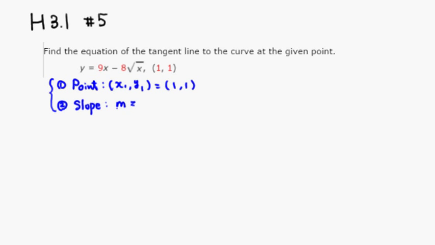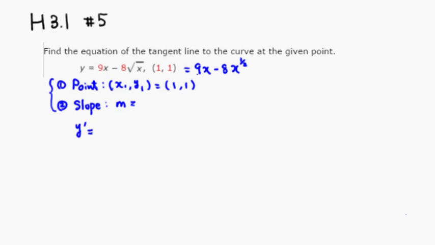So we need to find the derivative of this function. So y prime is equal to, before we take the derivative, we need to rewrite the equation. 9x, I like it as it is, but the square root of x, I'm going to write as x to the 1/2 power.